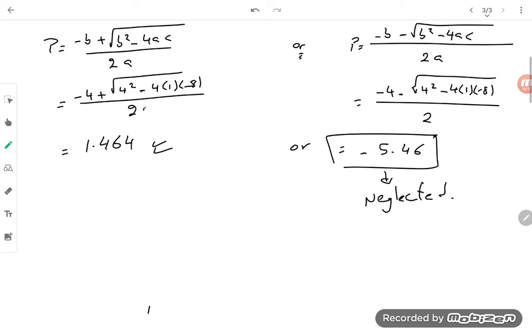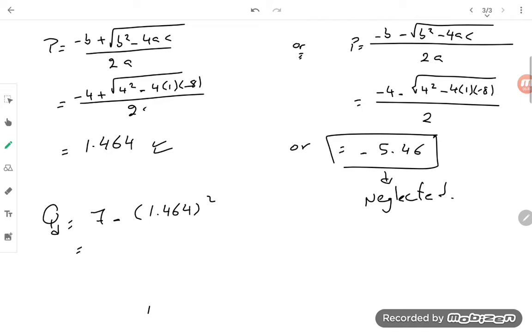Now we would like to find the equilibrium quantity. So we are going to substitute in QD or QS to find the equilibrium quantity. QD equals 7 minus b squared, which is 1.464 squared.